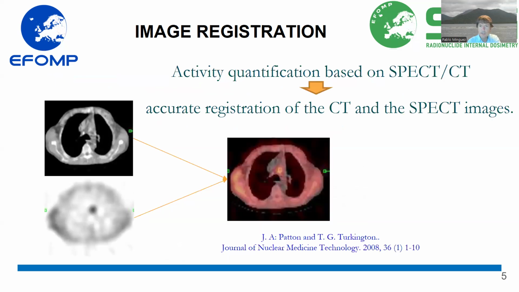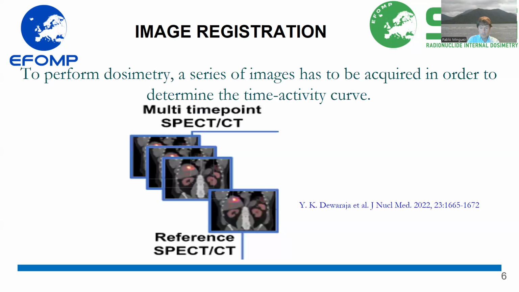Regarding activity quantification based on SPECT/CT, we know that we need accurate registration of the CT and the SPECT images. We can check that with a phantom, but of course, we need the patient not to move between the acquisitions. To perform dosimetry, we normally acquire a series of images to determine the time activity curve.